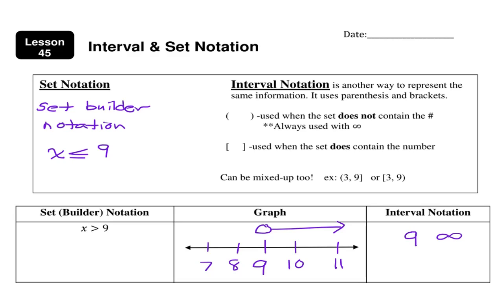So if you want to draw an infinity symbol, you can always turn your paper and draw an 8 and then turn it back. And then depending on what kind of start and what kind of stop it has, we're going to use symbols, parentheses, and brackets. So interval notation is just another way to represent this information, and I typically find that it helps if you graph it first.